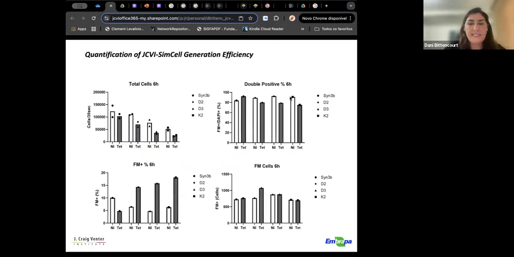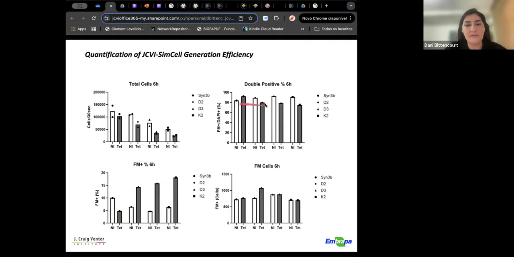So this is what we did. We started to evaluate those cells and tried to identify the best gate to perform the sorting. Here we can see that after 6 hours of induction, the only FM positive cells were increasing in my clones that were induced, but the syn3B almost didn't have many changes.